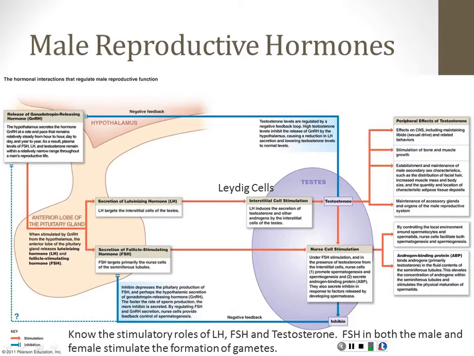So you have that added effect, which is why typically, if a male has had both testes removed, they're on testosterone replacement therapy so that these effects can be maintained and their life can be as normal as possible.